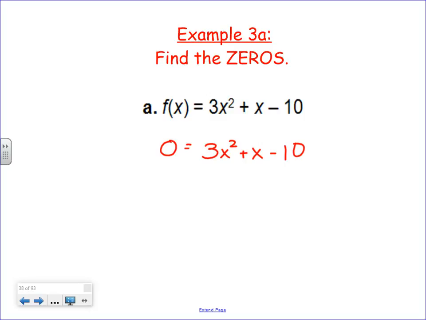Okay? How many of you go straight to an answer and try guessing and checking with all the different possible ways of getting 3x squared and all the different possible ways that you can get 10, and you just start playing around? Okay. The rest of you didn't raise your hand for anything.